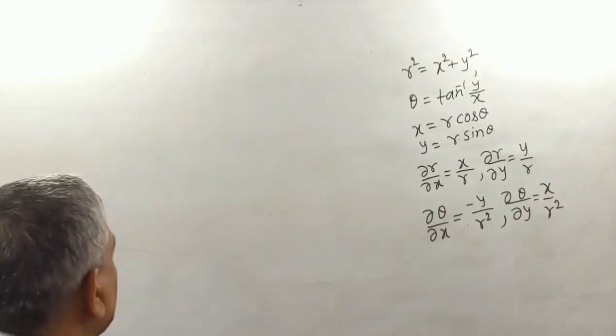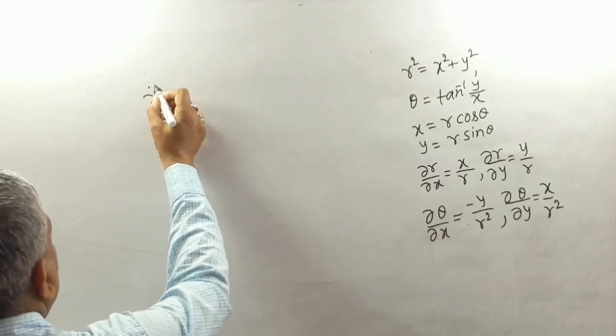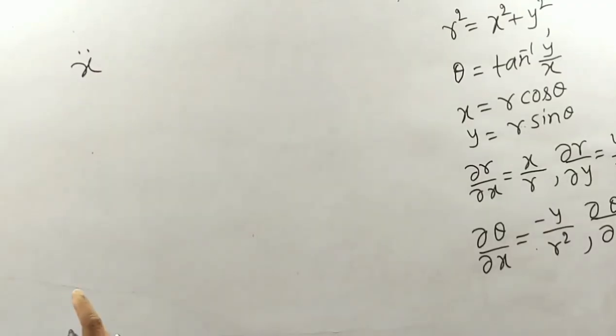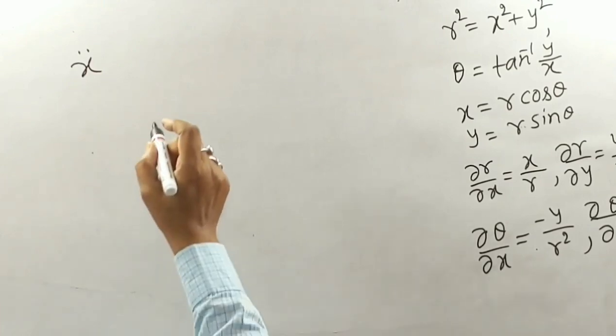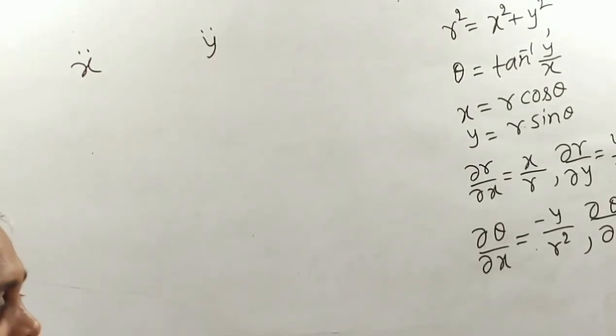Here, x double dot is the acceleration along the x axis and y double dot is the acceleration along the y axis.